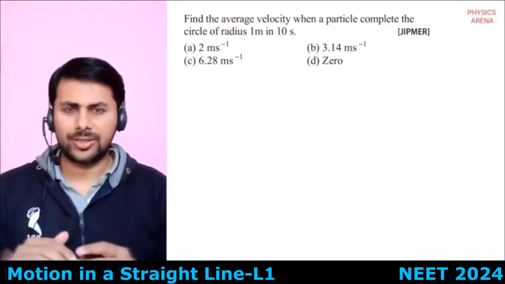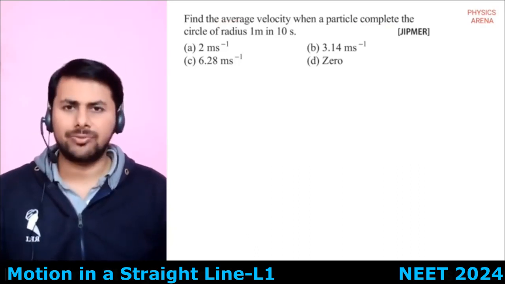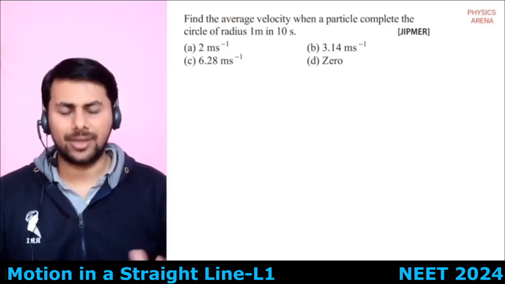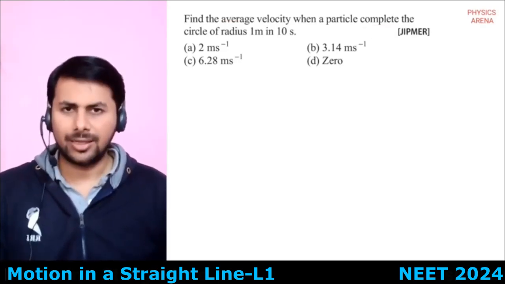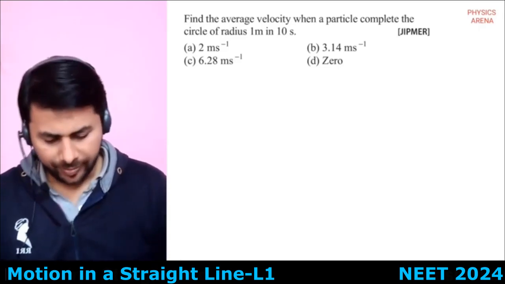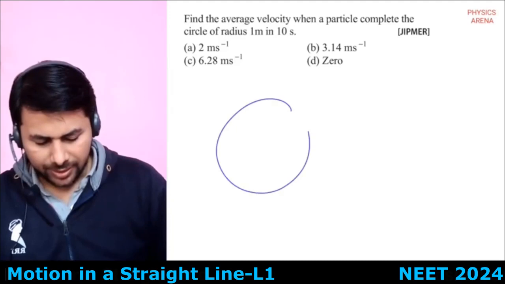So first of all, this is not straight line motion, but here we don't need anything else. We don't need to know about directions, etc. to solve these kind of problems. So that's why I included them. This is general. So the particle completes one revolution in a circle.